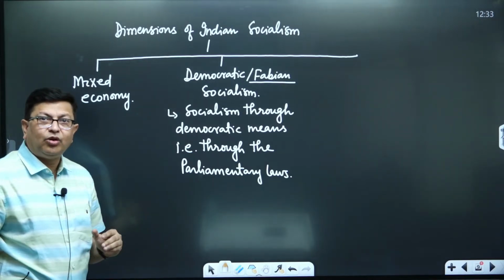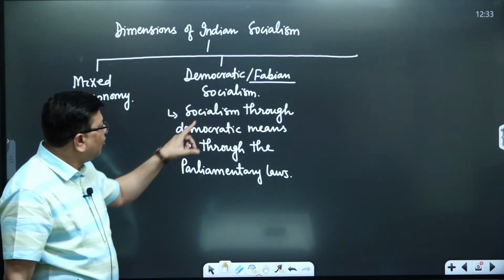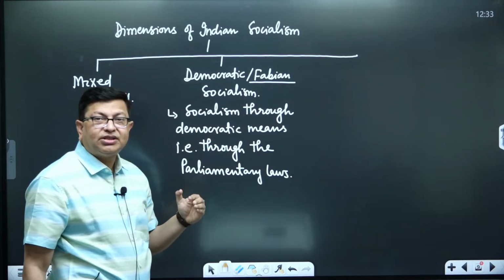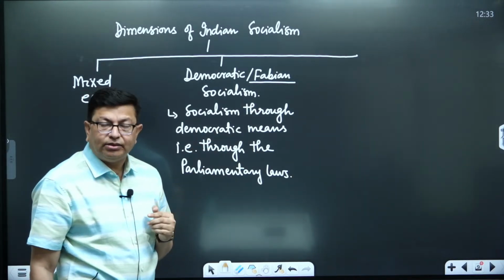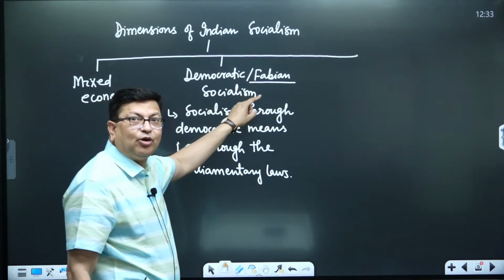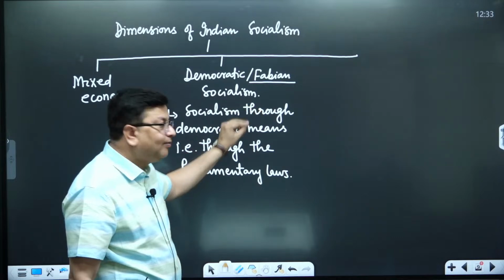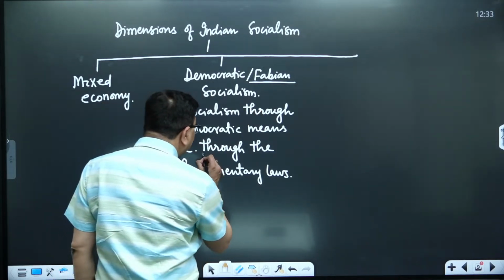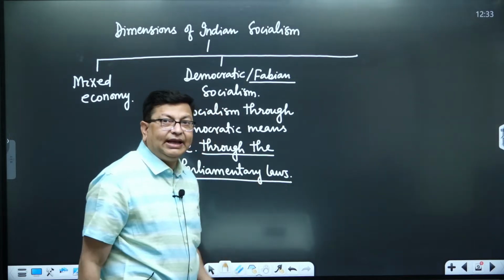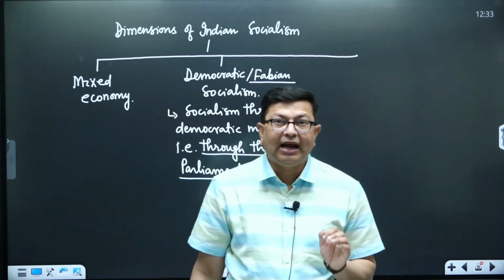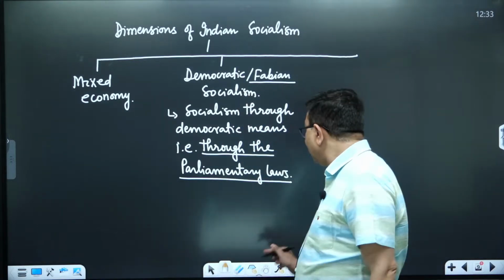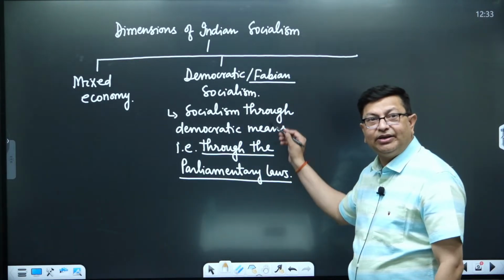Now from here, what questions can be expected? One, I told you, Fabian socialism, and another question can be a reasoning-assertion question: India has adopted Fabian socialism; India wants to achieve socialism through parliamentary laws. Both A and R are correct, and R is the correct explanation of A. So here you need to stress on this aspect.